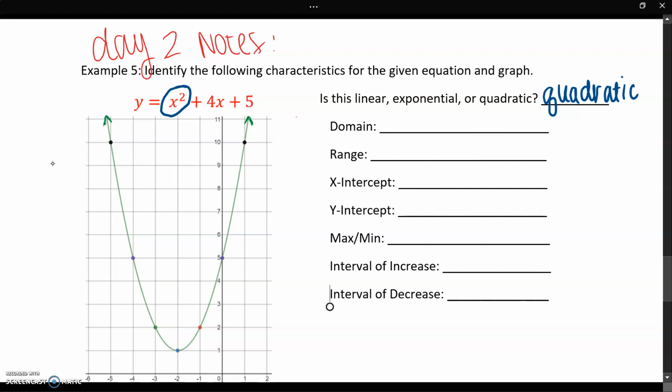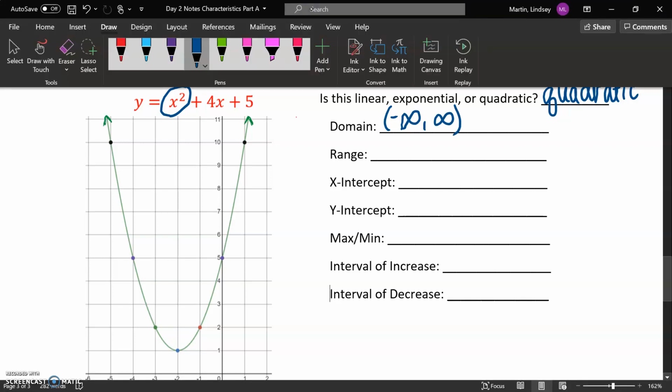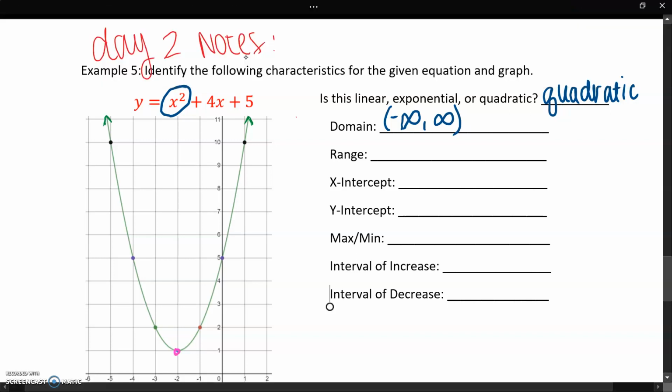The domain of quadratic functions is negative infinity to infinity. And my range is going to depend on my vertex and which way my graph is open. My vertex is right here at -2, 1, and it's open up. Remember, range is y values, so I'm going to use my y value of 1.